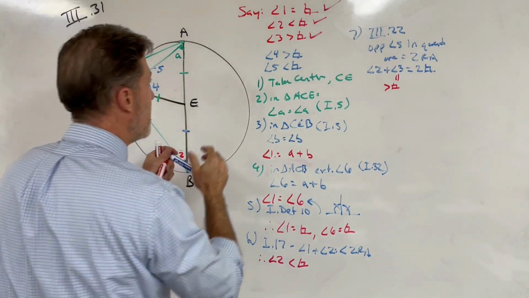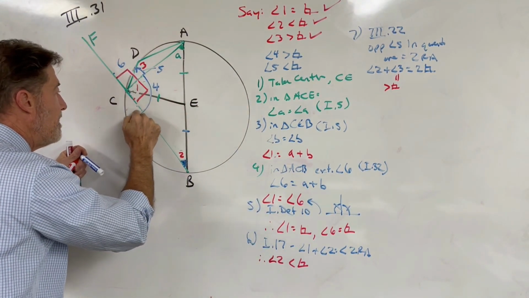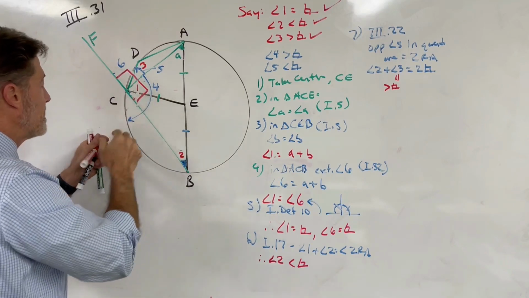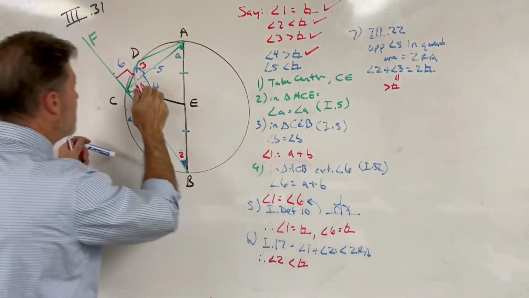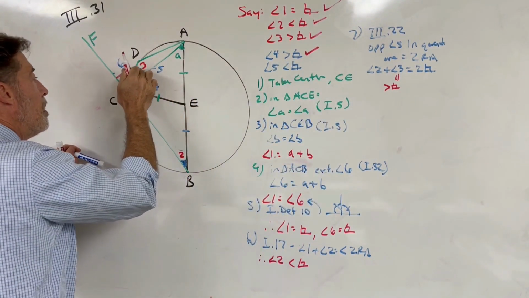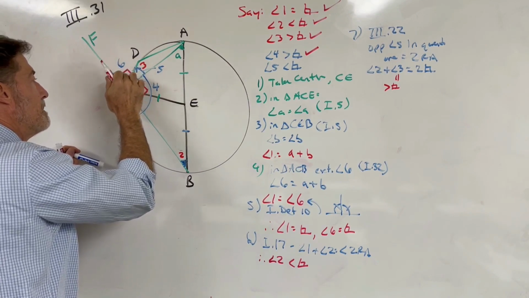And this is immediately manifest because angle 4 includes angle 1, which is a right angle, and this extra. So it's obviously greater than a right angle. And angle 5 stops well short of angle 6, and therefore it has to be less than a right angle.